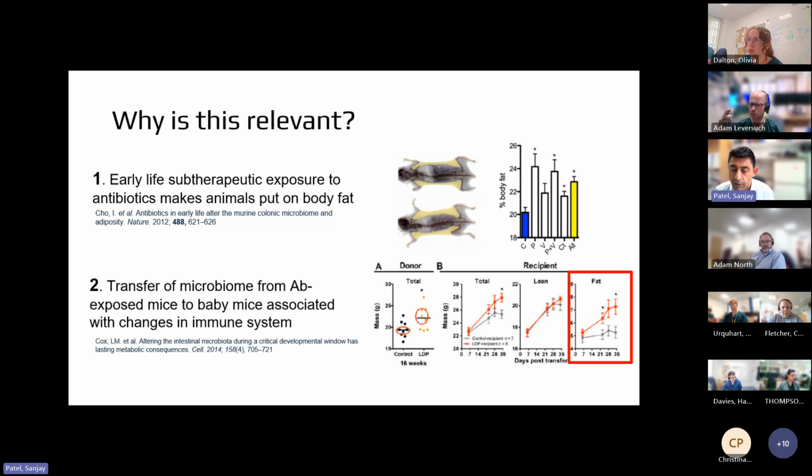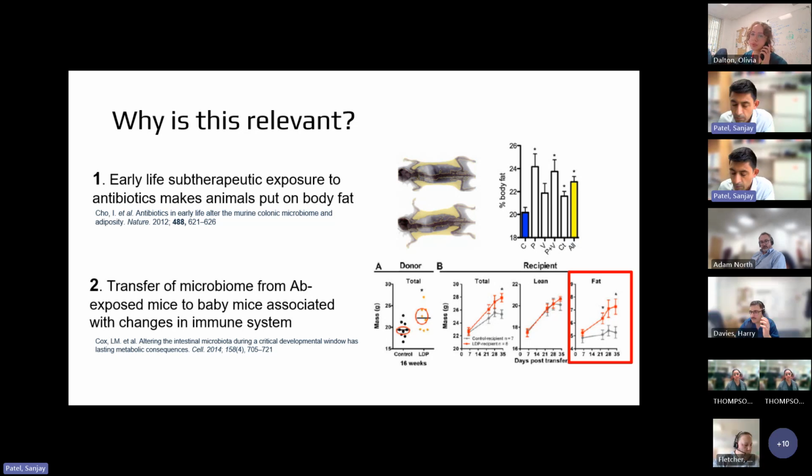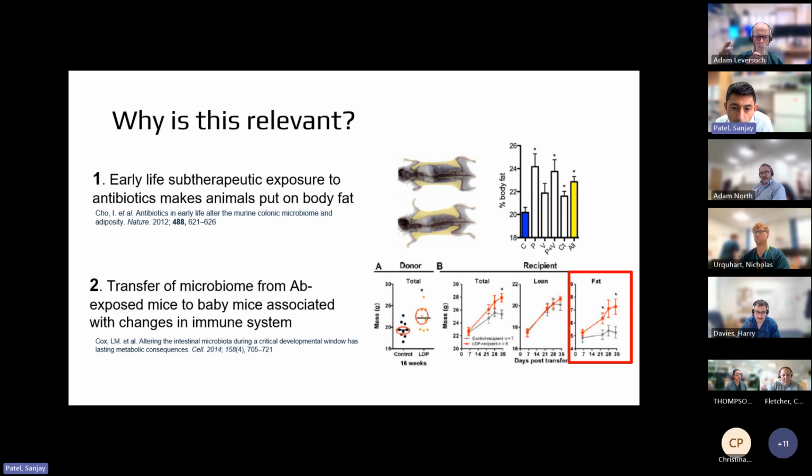I mean, clearly the antibiotics have an impact on something, but when we actually take the stool from those two mice, one of whom was exposed to antibiotics and one who wasn't, and we put them into antibiotic naive baby mice, we just transfer the stool and thus the microbiome.